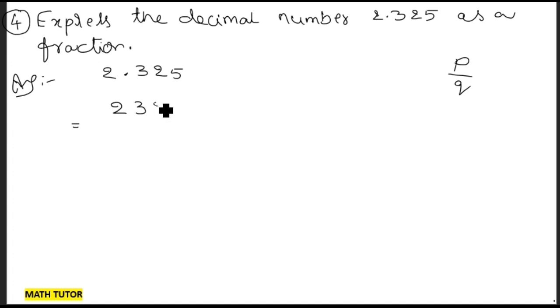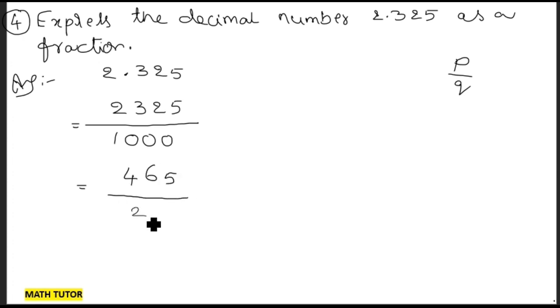So 2325 divided by 1000. 3 decimal places, so I kept 3 zeros. So what you need to do, you need to simplify it. Simplifying further, I get 465 divided by 200, and then further simplifying it, I get 93 by 40.